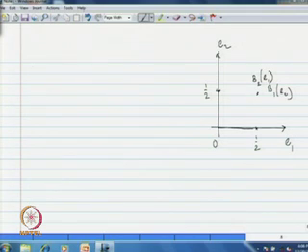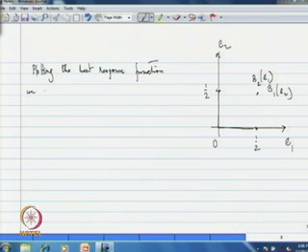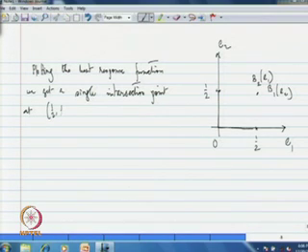Therefore, plotting the best responses, this is the Nash equilibrium. This is the unique Nash equilibrium.